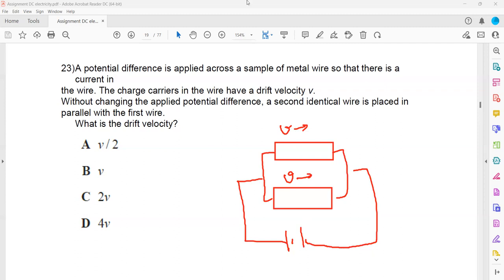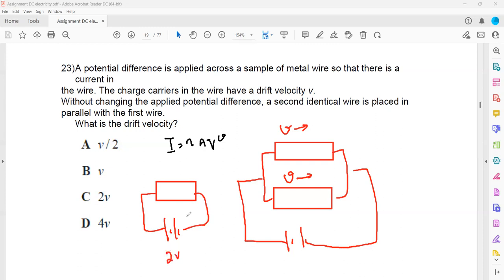So look, the formula, the transport equation, that is I equals n A q v. Now, when we connect, for example, the total current, when it was a single resistor connected to the same battery.